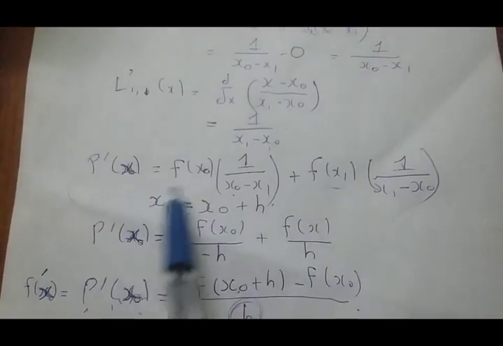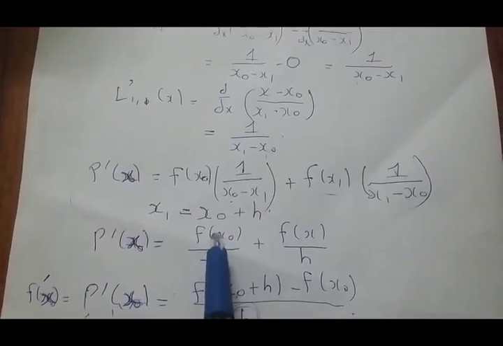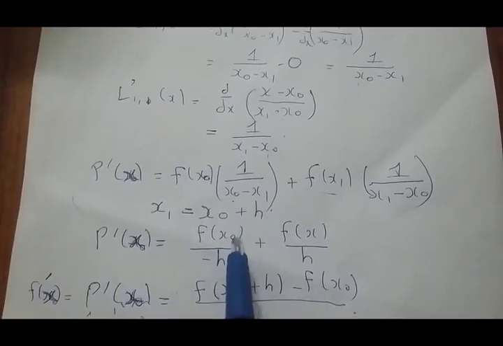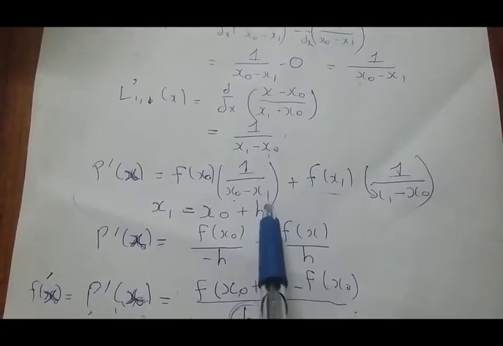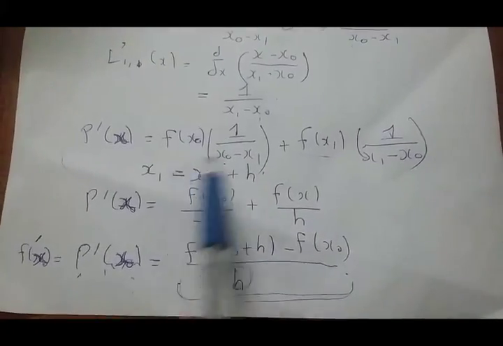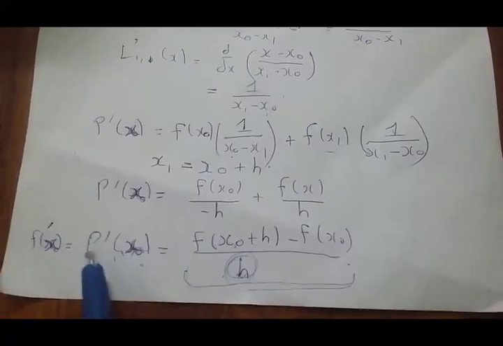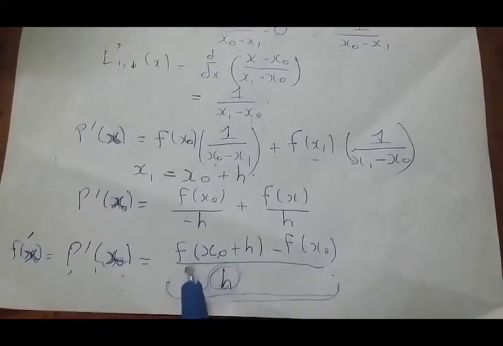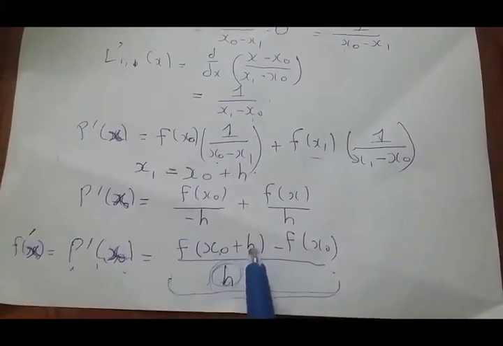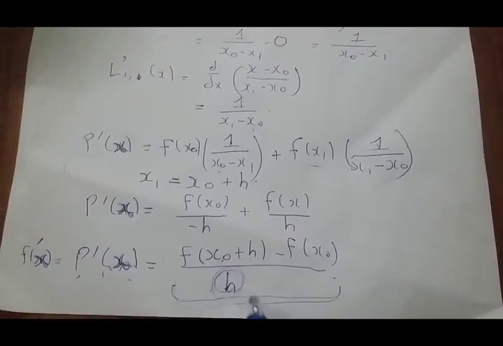So we are left with only a single point; we have removed x1 from this equation for our convenience. Now arranging this, we get p dash of x, which is equal to f dash of x, is equal to f of x0 plus h minus f of x0 divided by h.